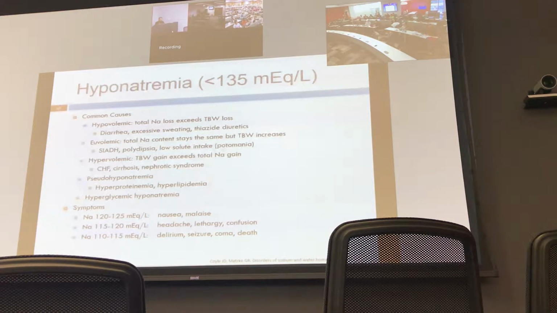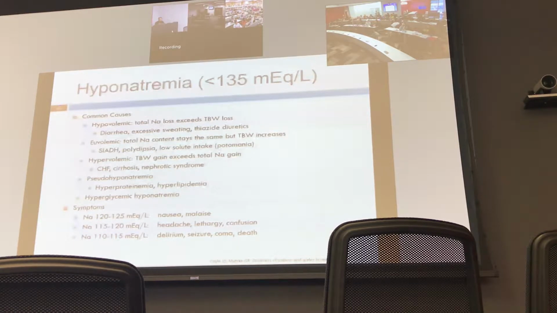And what ADH does is, in the collecting tubules, it causes the insertion of aquaporin into the collecting tubules, which allows free reuptake of water. It allows water to freely pass from the renal tubules back into your bloodstream. And no sodium goes with that, which is abnormal.